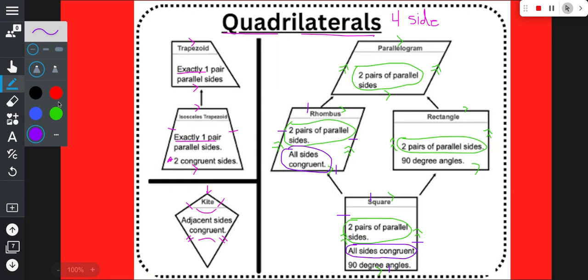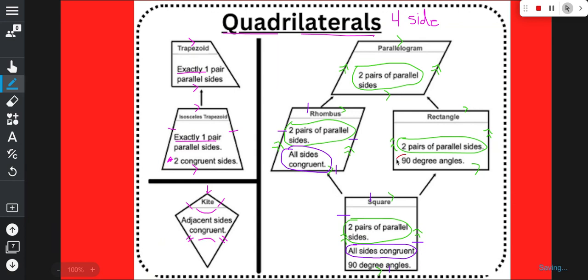Let's look over at the rectangle. A rectangle has two pairs of parallel sides, and it adds to the definition 90-degree angles. So all the angles are 90 degrees, and we denote those with little squares. If I look down at a square, it also has that definition. So it also has these 90-degree angles on it.